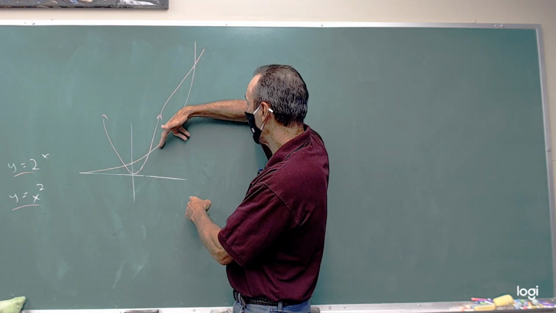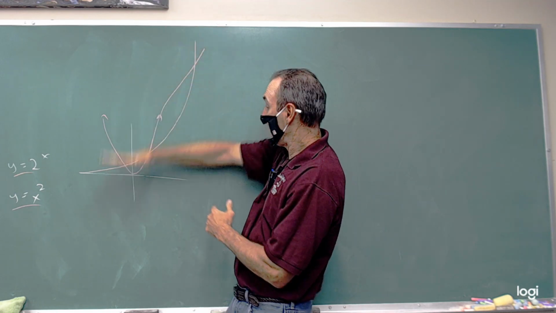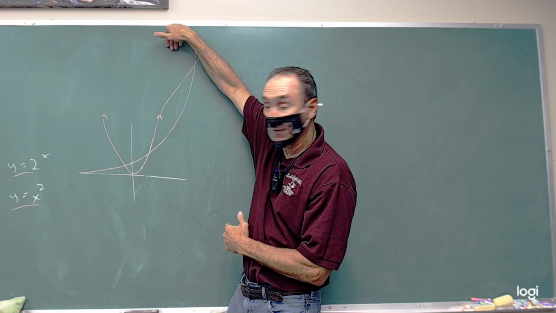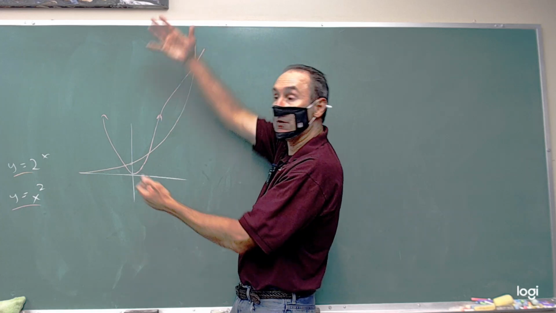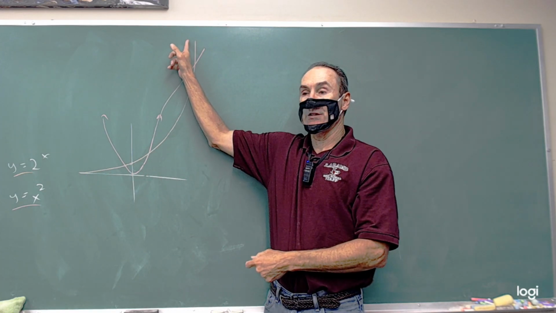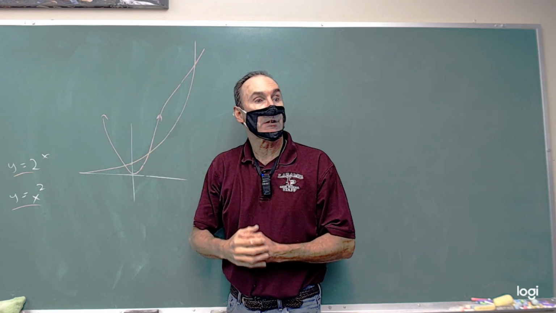The idea is that eventually the exponential is going to get so steep that it's going to come back and intersect the x squared a second time, third time actually. Over the long haul, as we go to infinity, this exponential is going to dominate the x squared. It is going to grow much bigger, much faster.